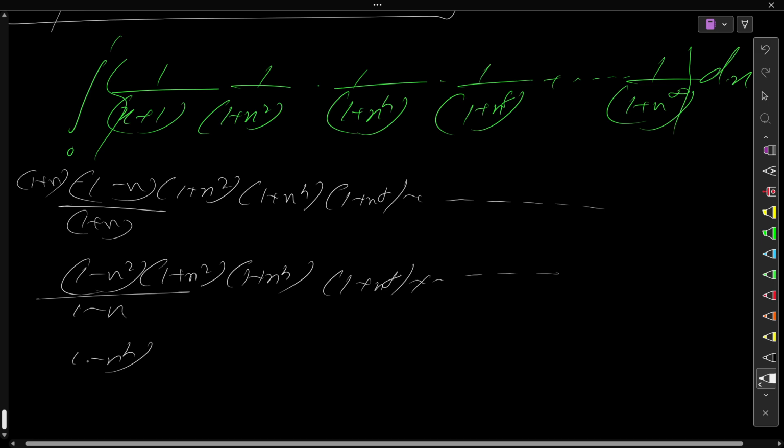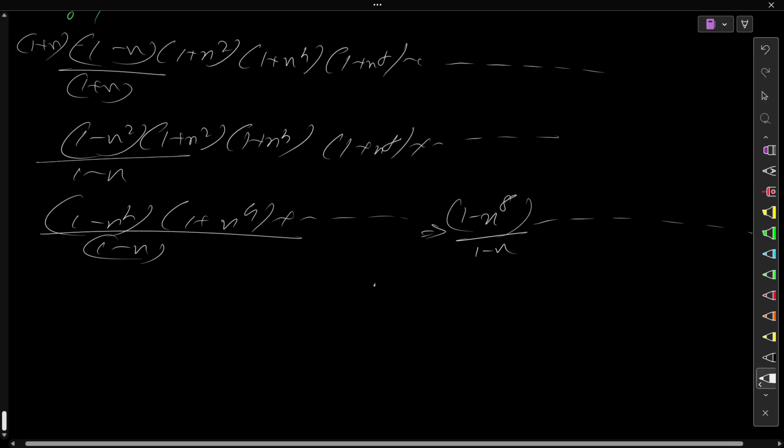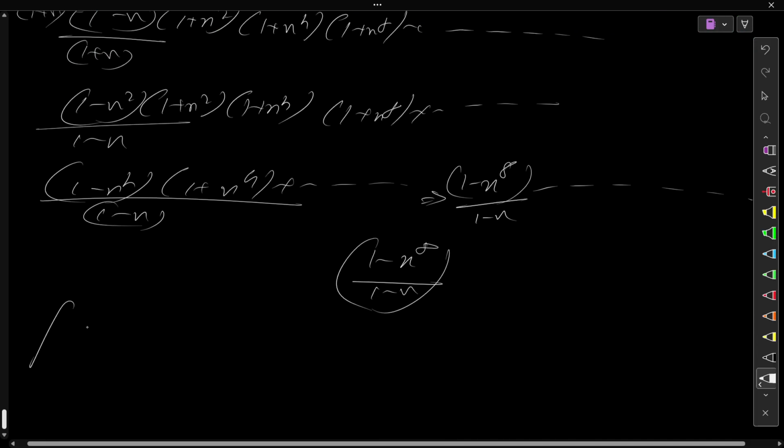So 1 minus x to the power of 4, 1 plus x to the power of 4, and this could be written as 1 minus x to the power of 8 over 1 minus x, and so on. This will go on like 1 minus x to the power of infinity over 1 minus x. So similarly in this question, what I'll do is multiply and divide by 1 minus x.